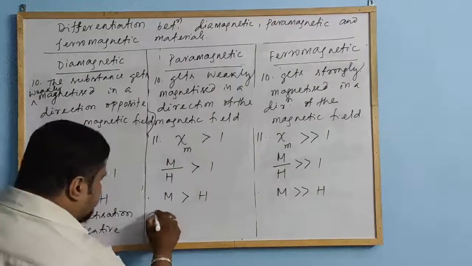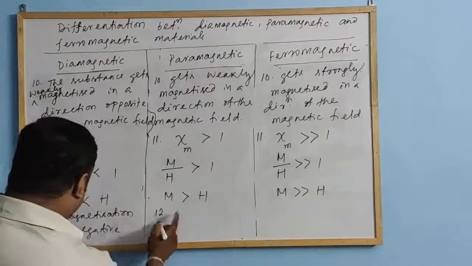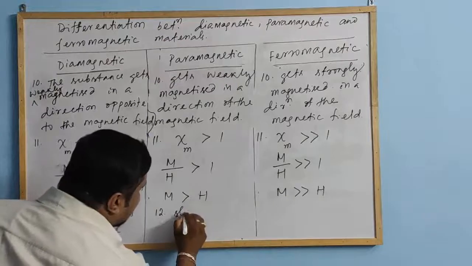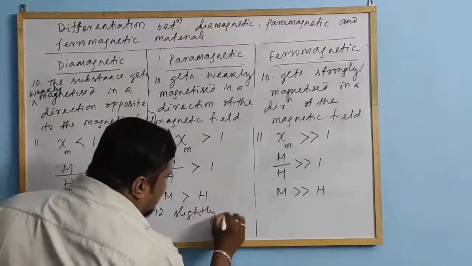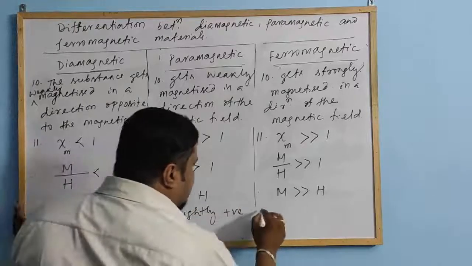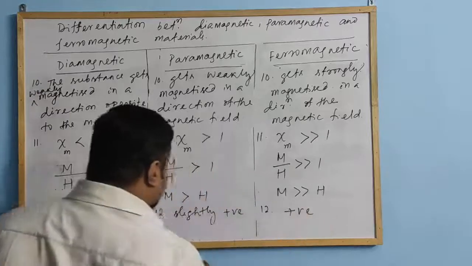Here in paramagnetic material, M is slightly positive. It is completely positive. This M is positive.